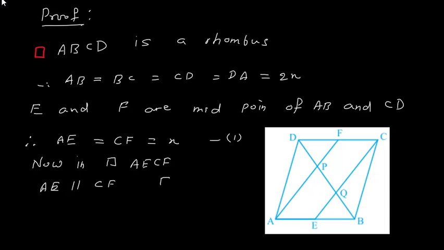Reason is quadrilateral ABCD is a rhombus, so opposite sides are parallel. So AE is parallel to CF. Also AE is equal to CF, from 1.